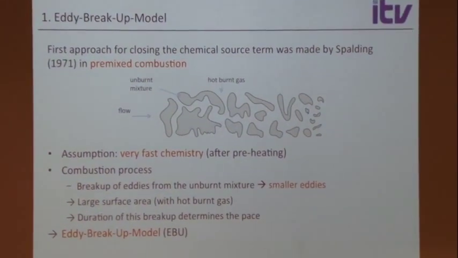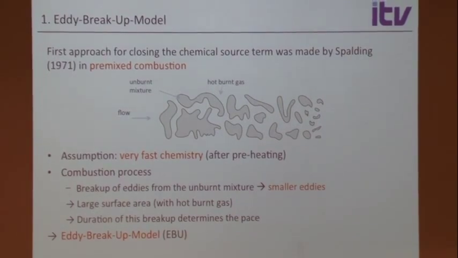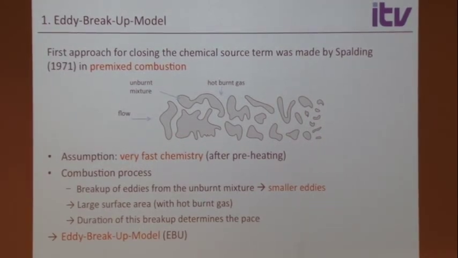That was for engine-type combustion, spark ignition engines, premix combustion, and the idea here is infinitely fast chemistry, which means basically I just need to heat up the reactants up to a certain temperature, and then chemistry is infinitely fast.